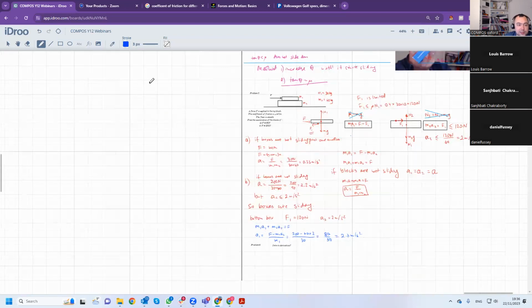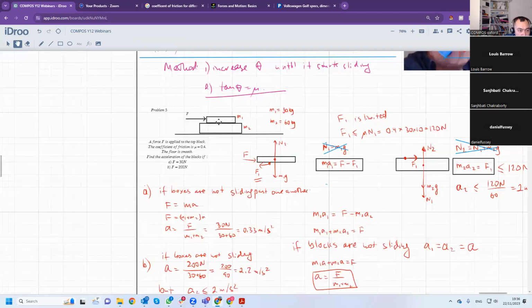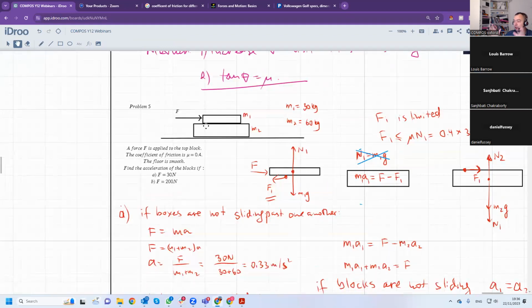All right, so if you push slowly, both blocks move together. But if you push really hard, the bottom block moves as much as it can.